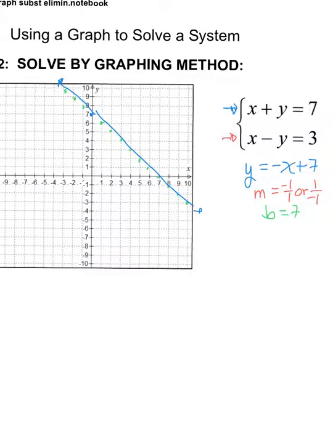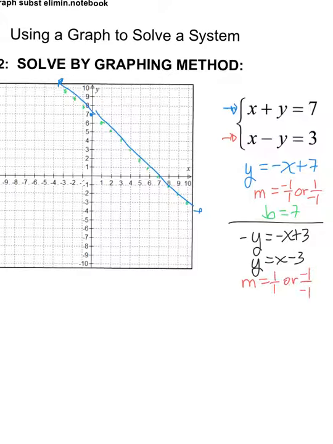In order to graph this line, I'm going to have to subtract x from both sides. So I've got negative y equals negative x plus 3. And then I have to divide everything by negative 1, which changes all the signs. That gives me a slope of positive 1 over 1 or negative 1 over negative 1. And I get a y-intercept of negative 3.